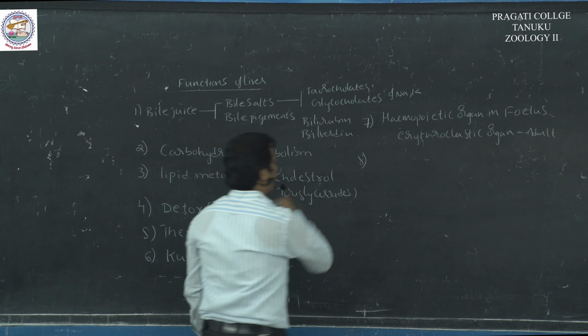The secretions of both the Brunner's glands along with the crypts of Lieberkühn constitute the intestinal juice, also called succus entericus.